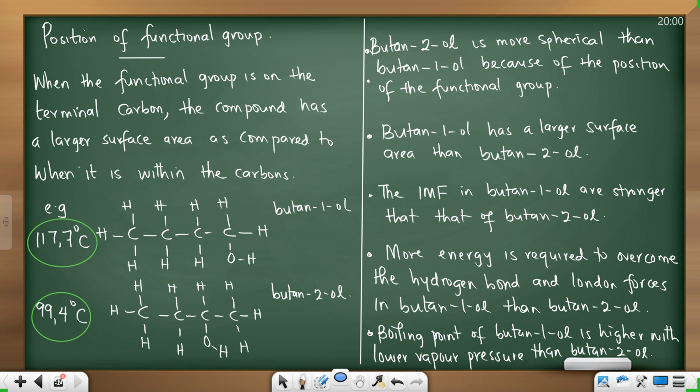Boiling point of 1-bromo. Let me use pentane. Let's check something. Okay, 1-bromo is 129 degrees Celsius. I don't know if somebody can confirm that for me. I've got 129. Are we done with this page? I'm done. I just want us to see values. I'm done for today's lesson.